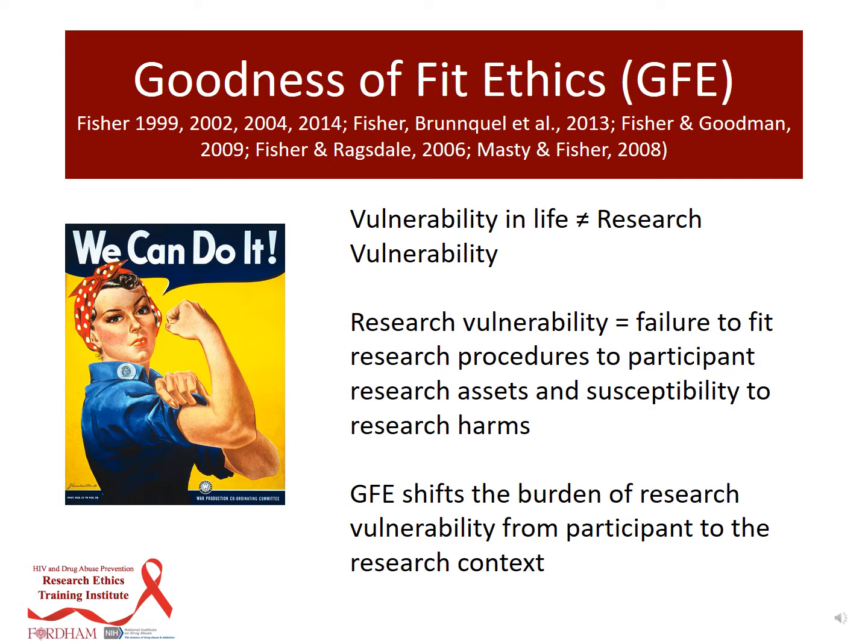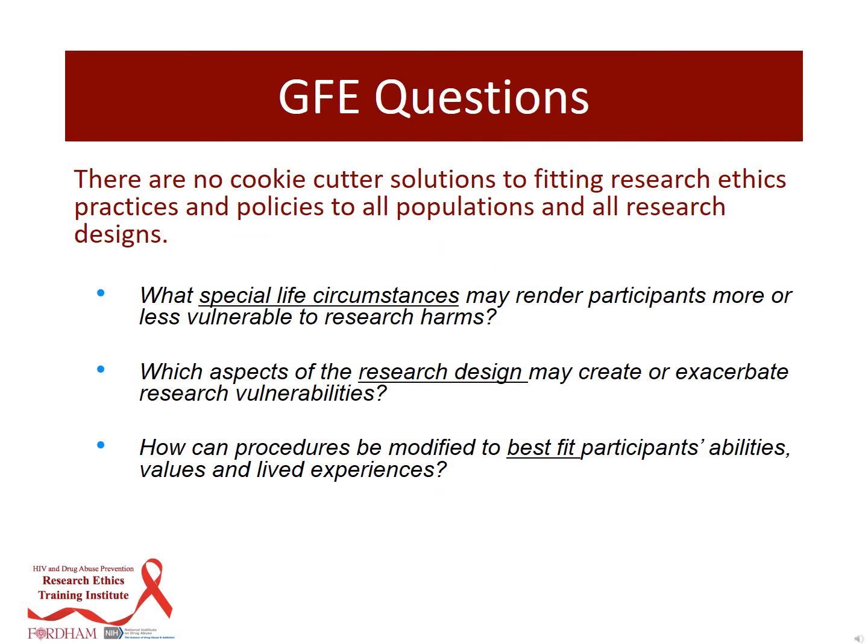So some things we do can make a participant vulnerable to what we're doing, and some things we can do can make them non-vulnerable. So the kinds of questions that we need to ask from a goodness of fit ethics perspective is, first of all, there are no cookie cutter solutions to fitting research ethics practices and policies to all populations and all research designs, as we will know. So we have to ask these questions.